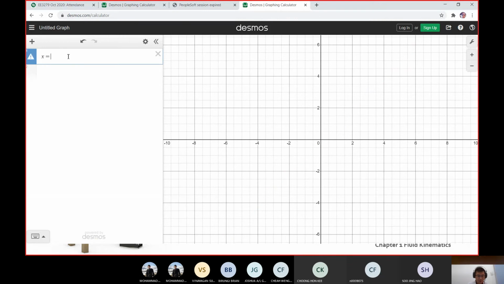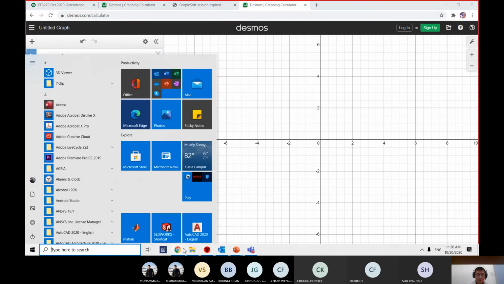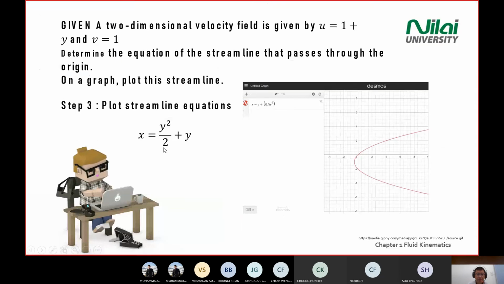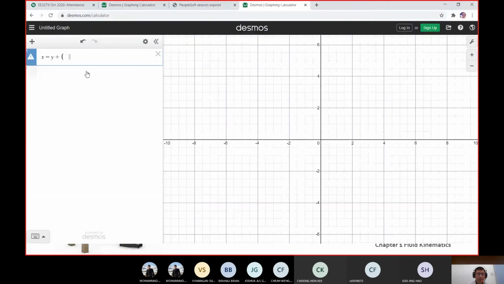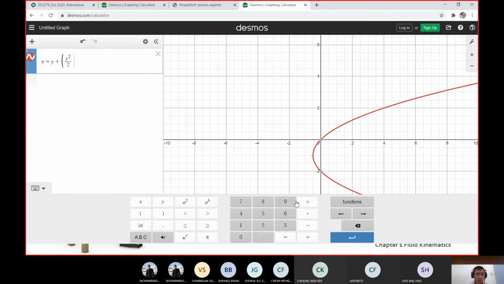X equal y plus, very straightforward, y squared divided by 2. How do you do it? You can either use 0.5, or you can go to the keypad there, y squared, divide by 2.